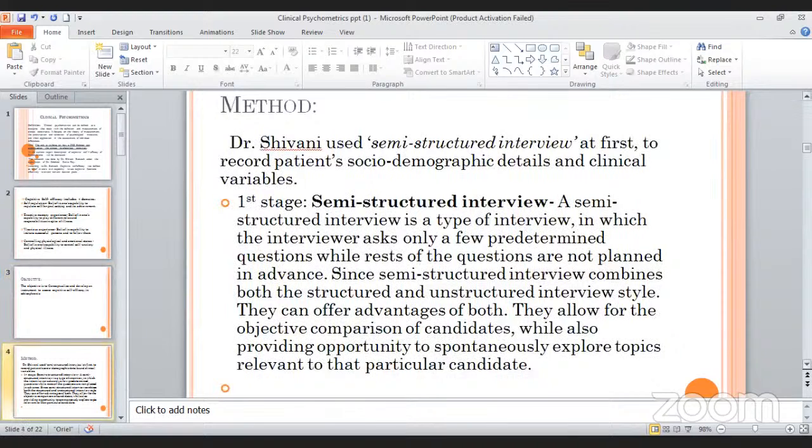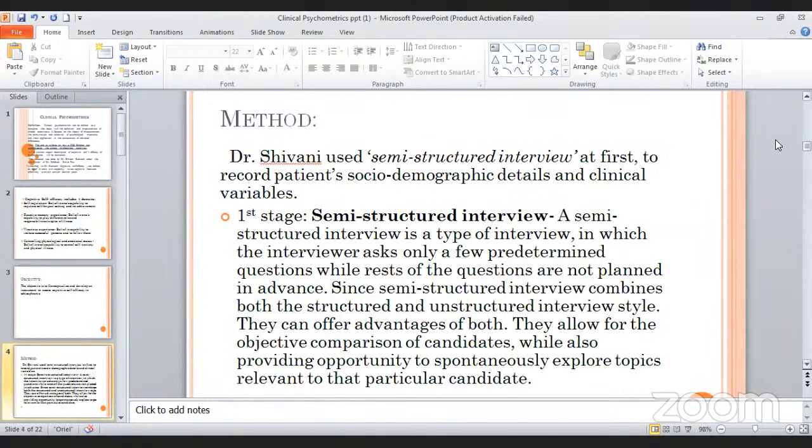So we will start with the method for developing the tool. There are several steps. Dr. Shivani used a semi-structured interview at first to record patient socio-demographic details and clinical variables. Can anyone tell me what a semi-structured interview is?